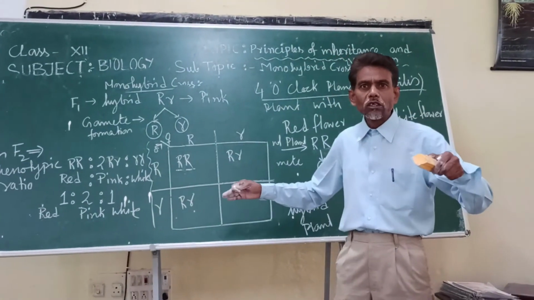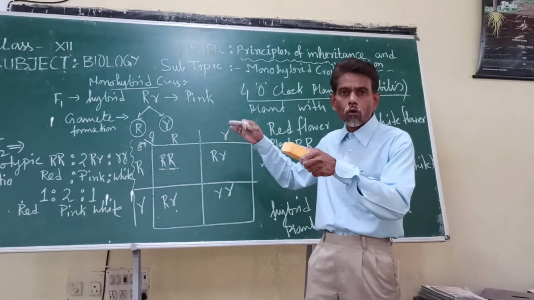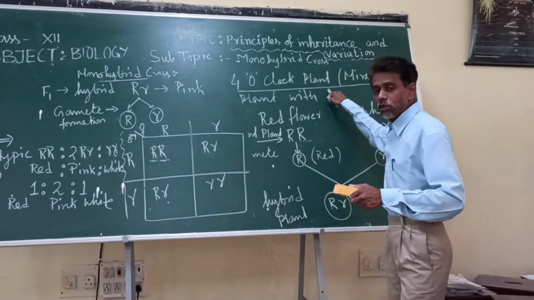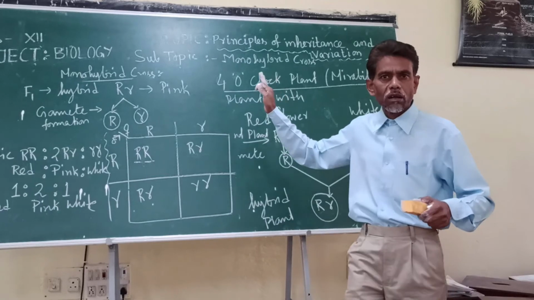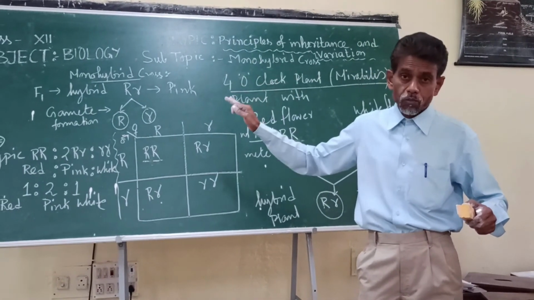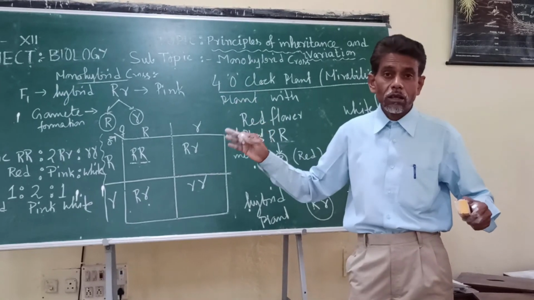These are the exceptions, the experimental outcome of the crossbreeding of Mirabilis jalapa plant, or the same thing was done when snapdragon, dog flower, was taken into consideration.